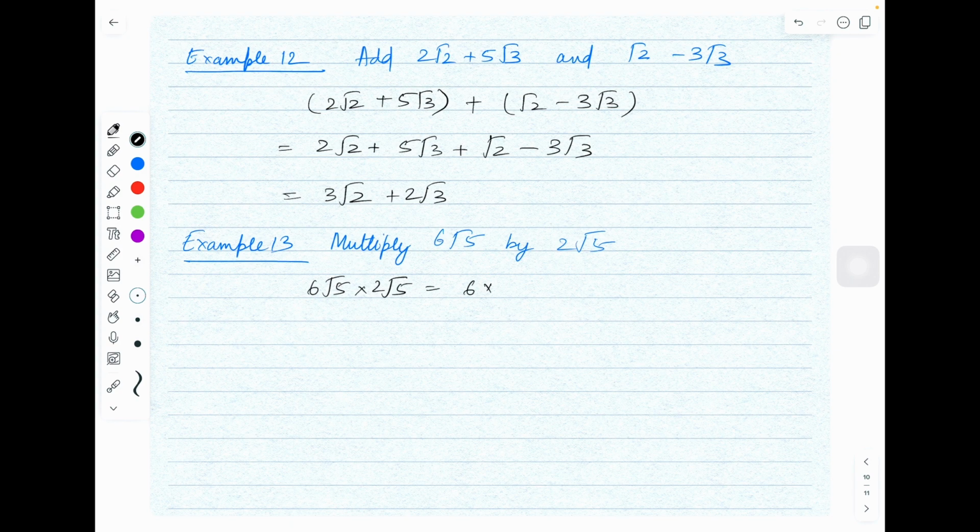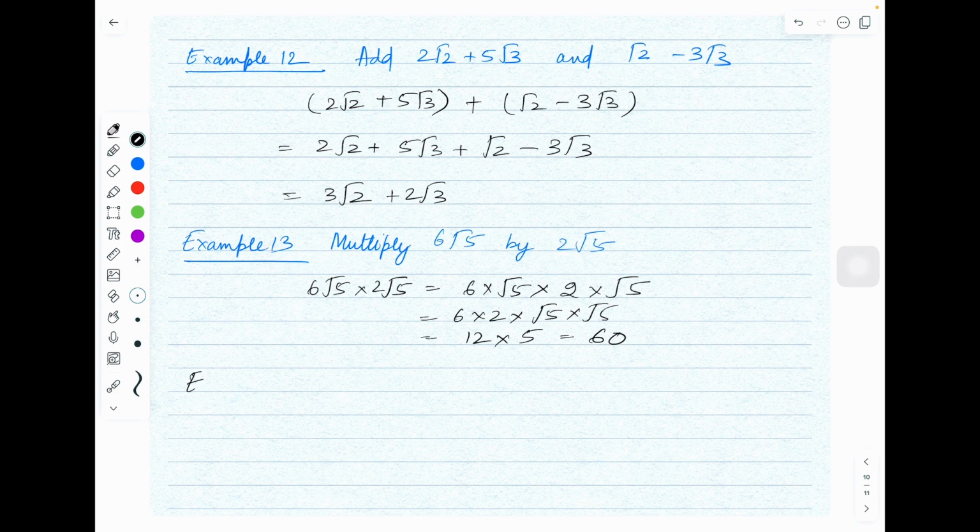So 6 root 5 can be written as 6 into root 5, and this is 2 into root 5. This gives 6 into 2 into root 5 into root 5. We know 6 into 2 is 12, and root 5 into root 5 is 5. This is equal to 60. Okay, this is the answer.